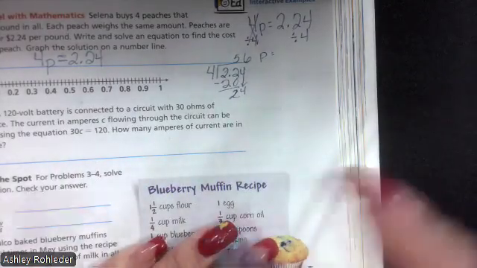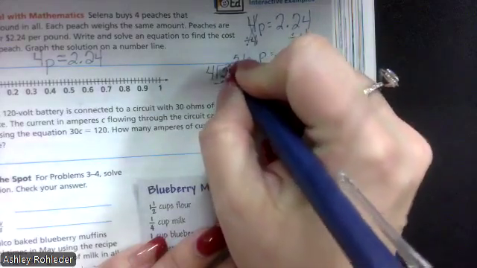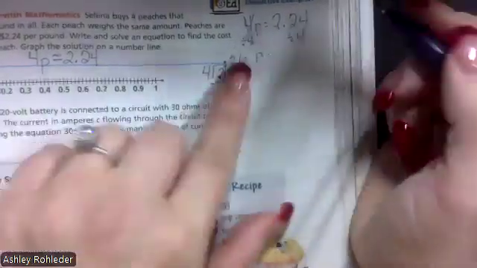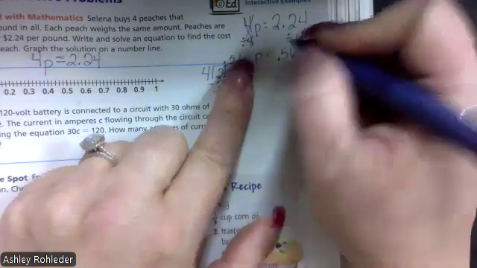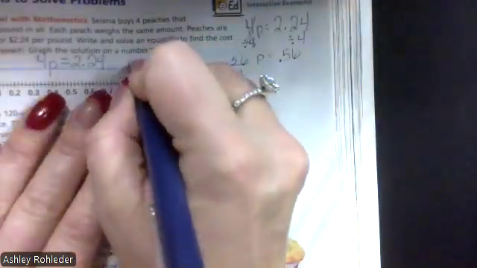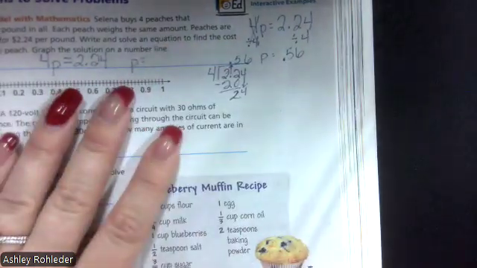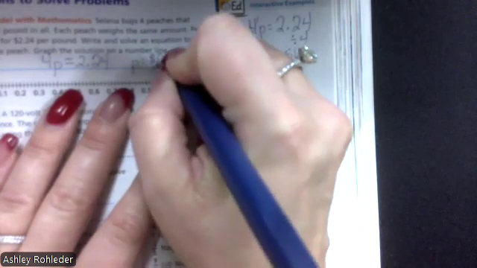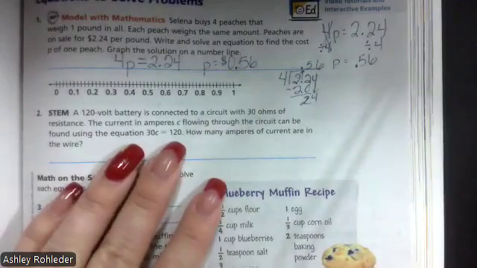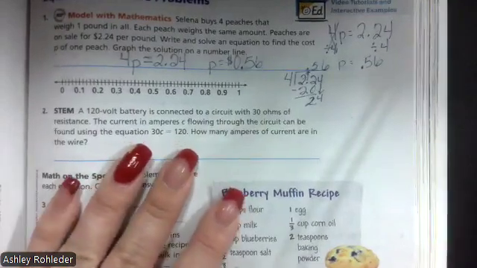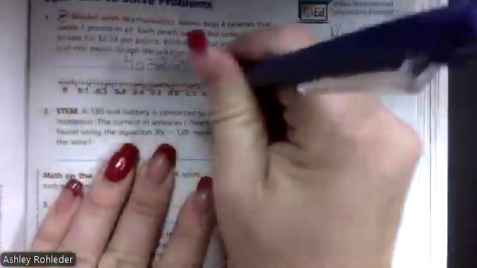What do I have to do with my decimal? Bring it straight up. So what does P equal? But we're talking money, right? How would I write that as money? $0.56. That's what I want. With the decimal, I want to see the decimal. Okay? You don't have to worry about that.